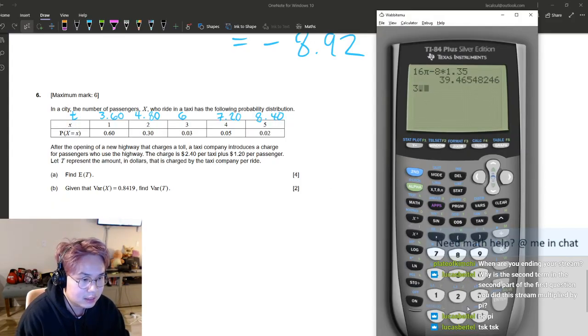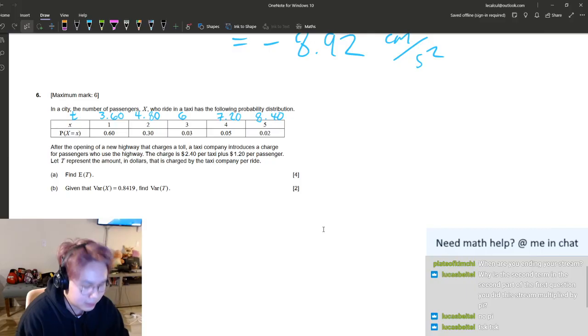So 3.60 times 0.6 plus 4.80 times 0.3 plus 6 times 0.03, 7.20 times 0.05, and the last one, 8.40 times 0.02. So expected value of the cost of the taxi is $4.31.